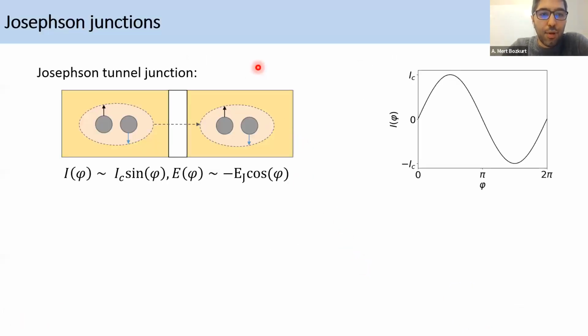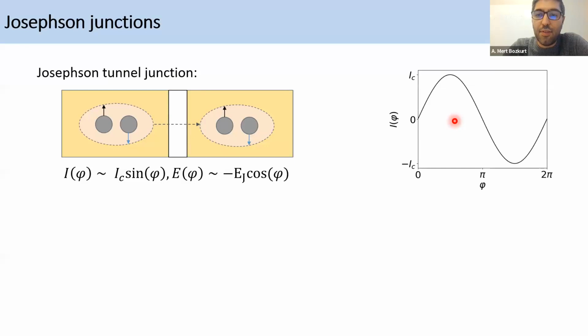Let me tell you a bit about Josephson junctions first. When we say Josephson junctions, we can mean a tunnel junction where you have two pieces of superconductor, left and right, connected by an insulating barrier in between. In this case, a Cooper pair, denoted by two dots encircled by a dashed line, can travel from left to right via a process known as Cooper pair tunneling.